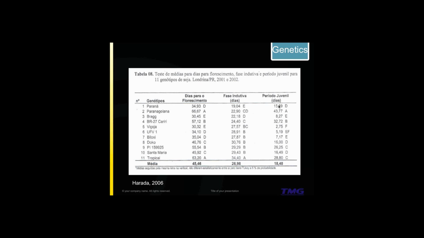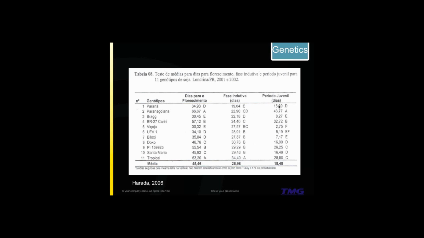I'll give an example. When we cross Paraná, which theoretically one would expect to have almost no juvenile trait, with another cultivar, Bossier, which would also be somewhat conventional, we can pull out lines.